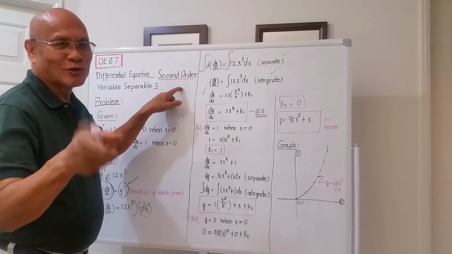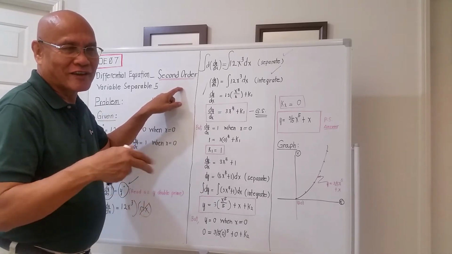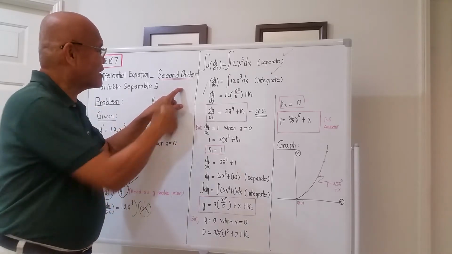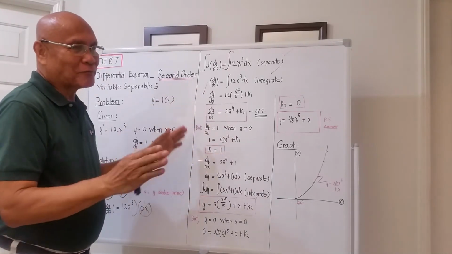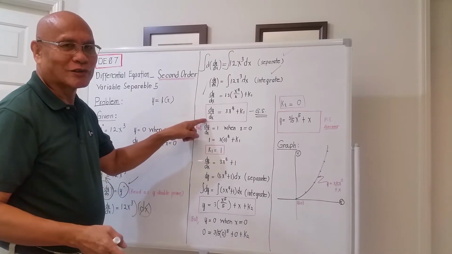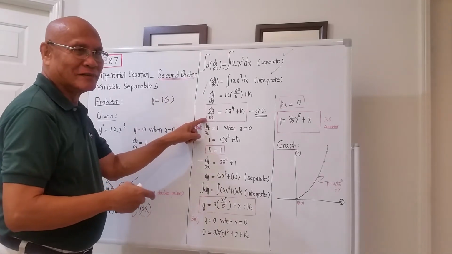That was the definition of order: the maximum number of times that the given equation was differentiated. That's why our topic for this afternoon is second order. So after the first integration, what comes out is still a differential equation. It is not yet y as a function of x.